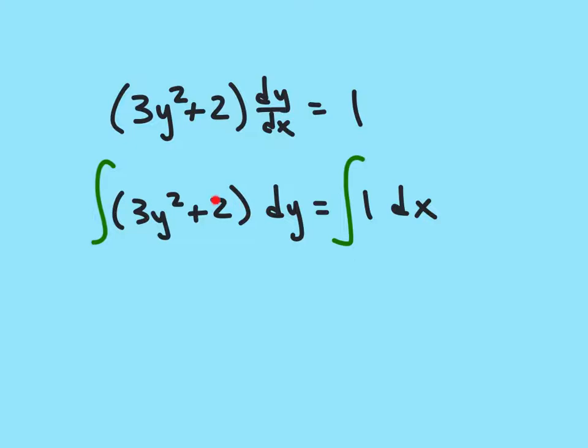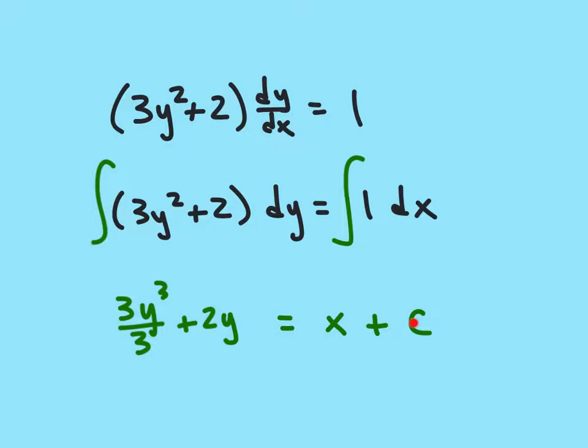And if I integrate this side, then we're going to get 3y cubed over 3 plus 2y. And then I'm going to take the antiderivative of my right side, which is just going to give me x and then plus c. Now, the weird thing is that we don't need the plus c on the left side, just need it on the right side.